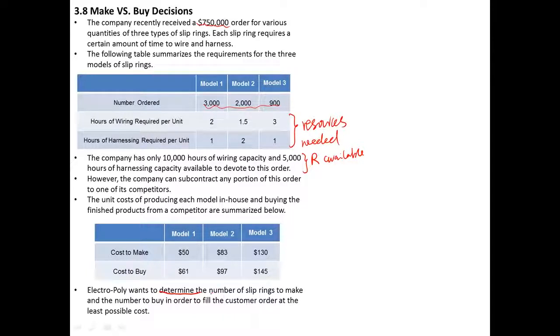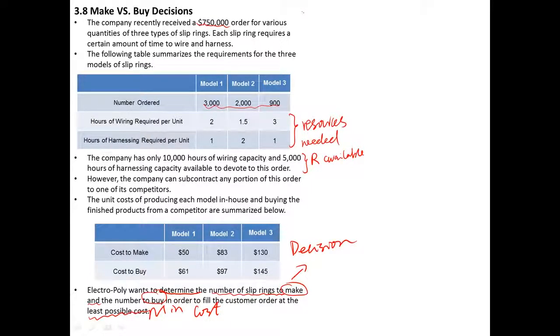It is to decide how many slip rings to make and to buy in order to fill the customer order at least possible cost. And here, at least possible cost, this gives us the objective. We want to minimize total cost. And these are our decisions.